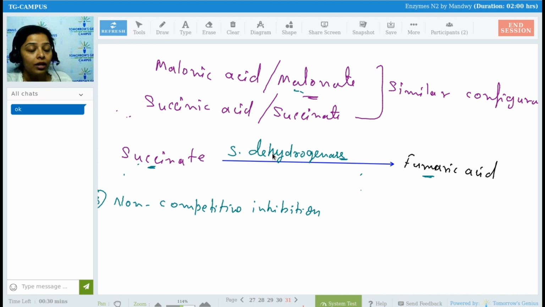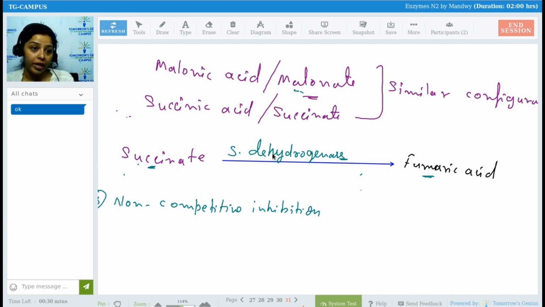Either these substances will change the configuration of the active site, or they will change the shape of the whole enzyme structure. Are you getting me? So this is non-competitive inhibition. Clear?